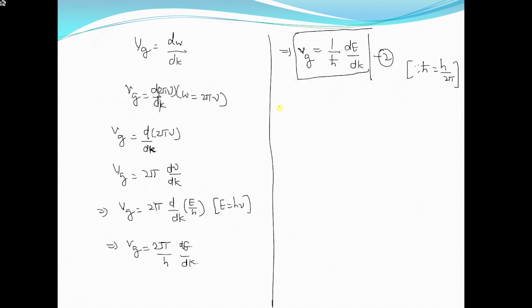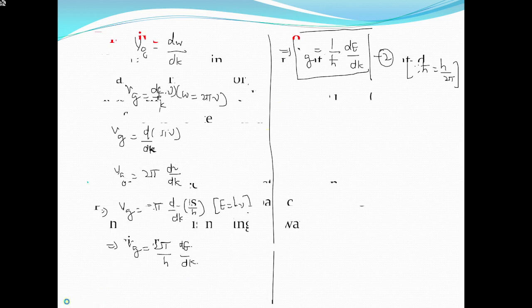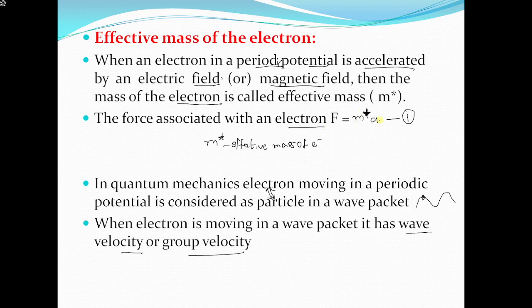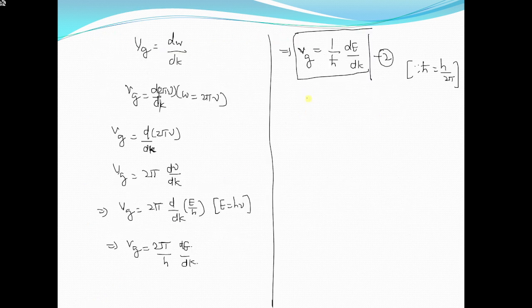Now I have the expression F is equal to m star a, where a is acceleration. I got the group velocity, so I can find acceleration. Acceleration a is equal to dVg by dt, the rate of change of velocity.